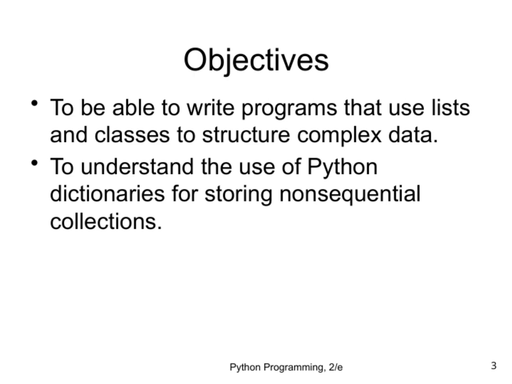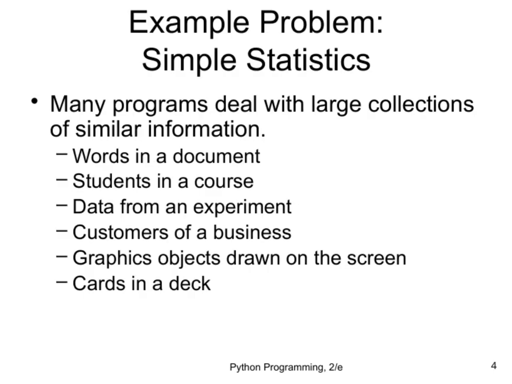This means we can access data quickly using keys, making our programs more efficient and easier to understand. These concepts are fundamental to writing versatile and powerful Python programs, and understanding them will help you build more organized and dynamic applications. Many programs often work with large collections of similar types of information.